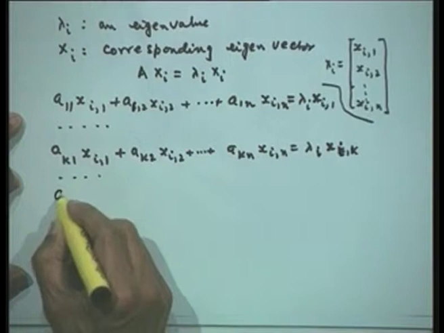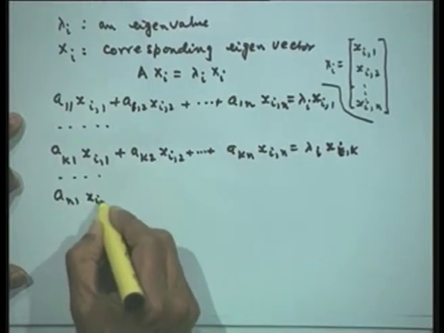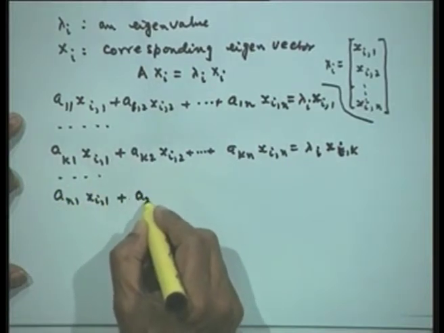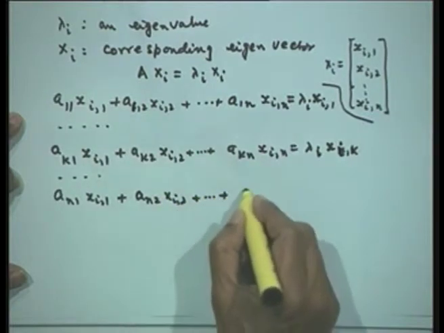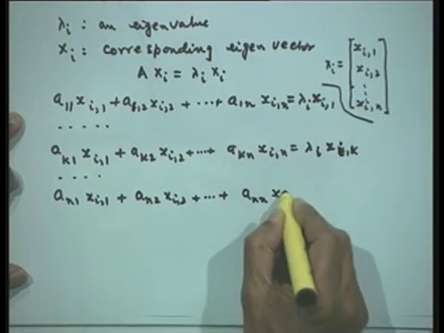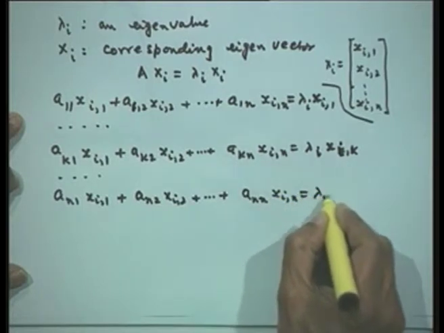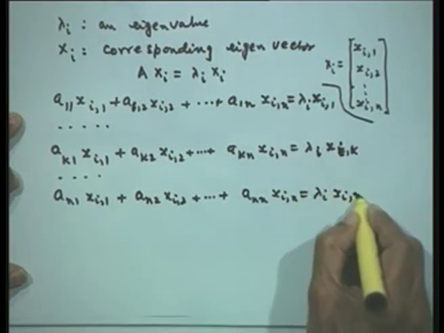And the last equation: an1 xi1 plus an2 xi2 plus ... plus ann xin equals lambda i xin.